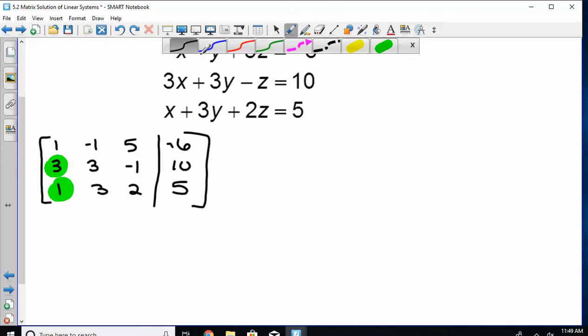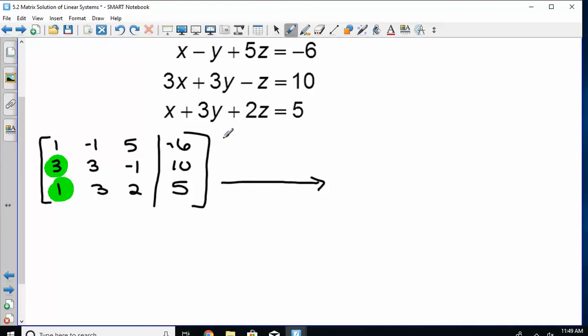Okay, so to get my zeros, for row 2, start out with row 2 equals row 2. It is a positive 3, so I have to subtract 3 times the row that has a 1. So let's do 3 times row 1.